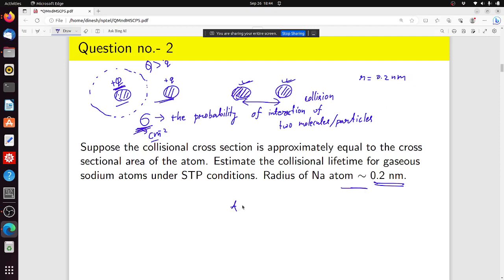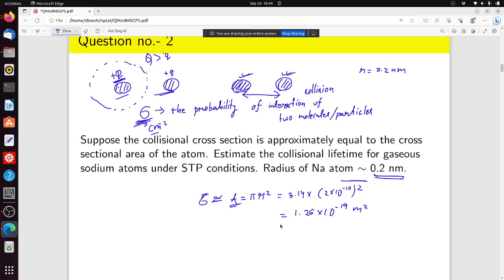So the area will be pi r square, 3.14 times 2 into 10 to the minus 10 square. So from this we will get the cross section to be 1.26 times 10 to the minus 19 meter square.